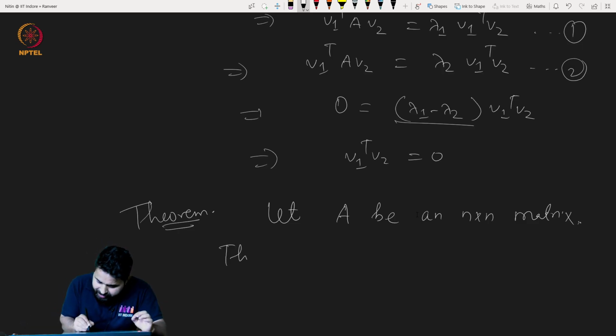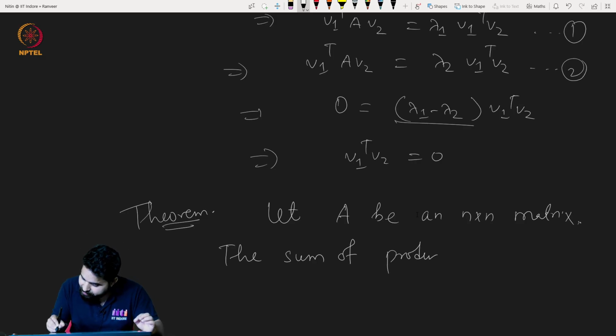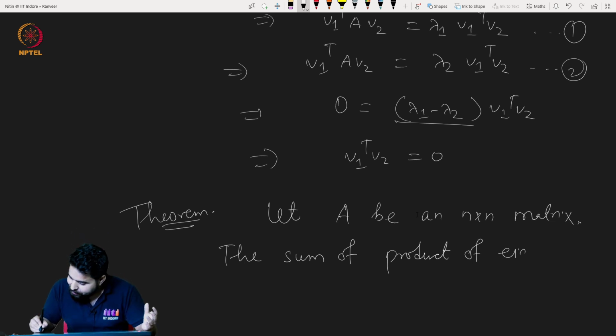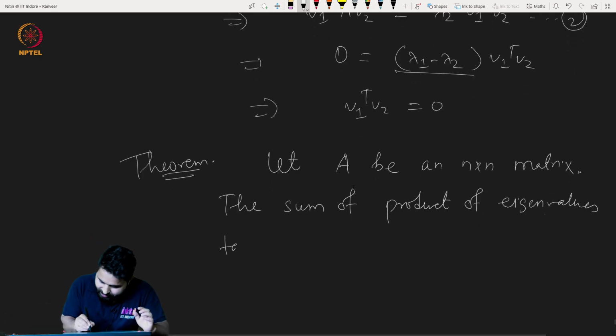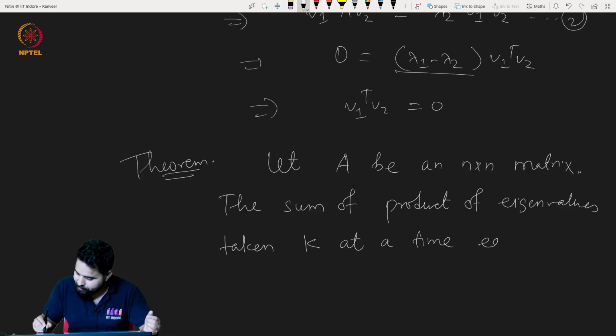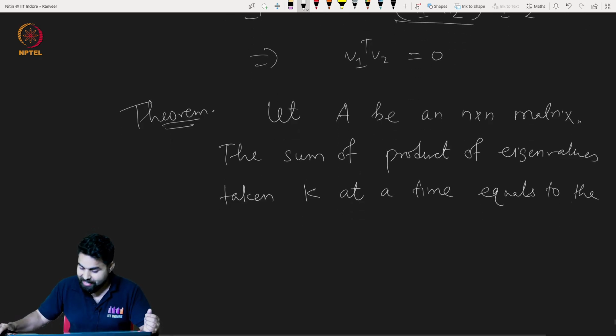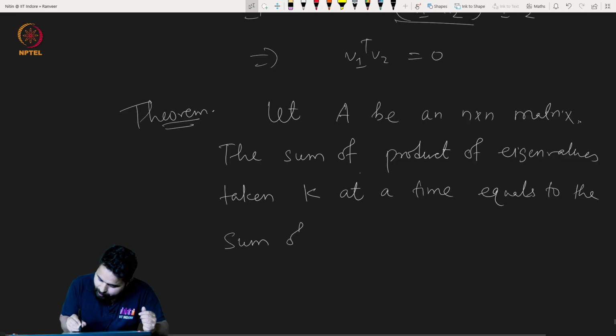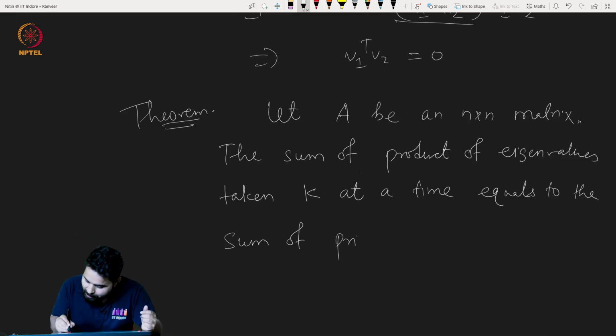The sum of products of eigenvalues taken k at a time equals the sum of principal minors of A.